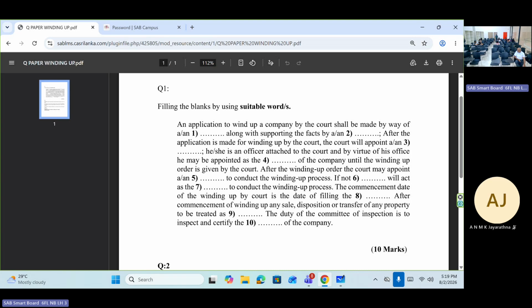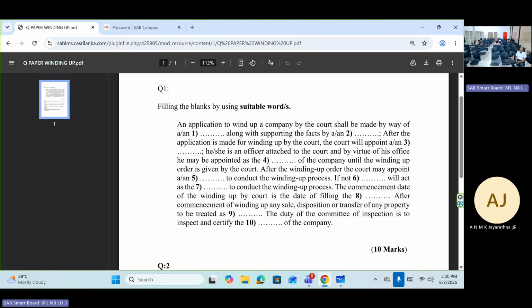I told you, generally the same person will be appointed as the liquidator. So actually a separate person is not appointed as the liquidator and provisional liquidator. So we can say the official receiver will act as the liquidator to conduct the winding up process. The commencement date of the winding up by court is the date of filing the petition.